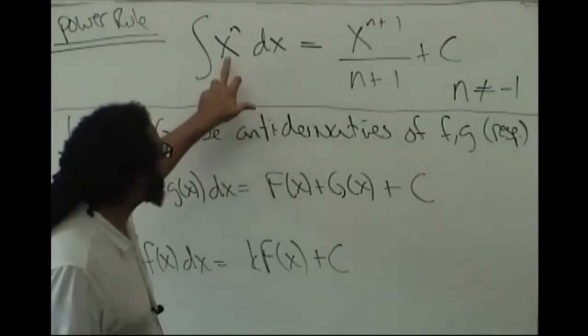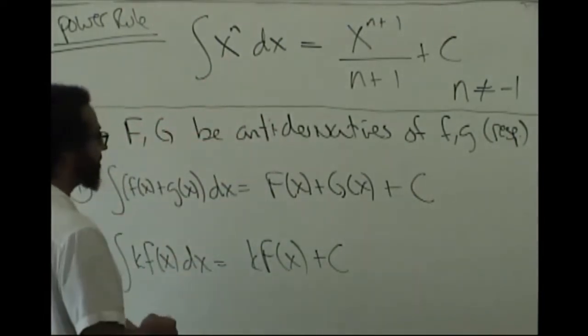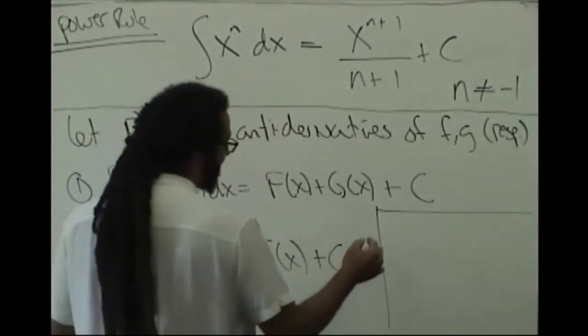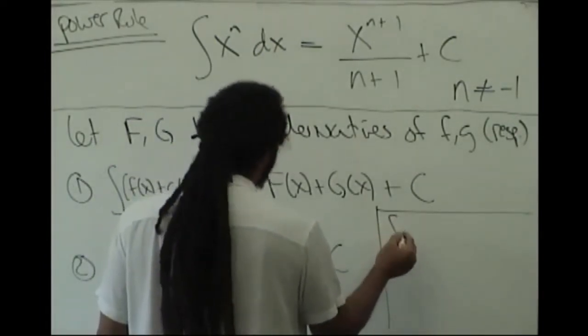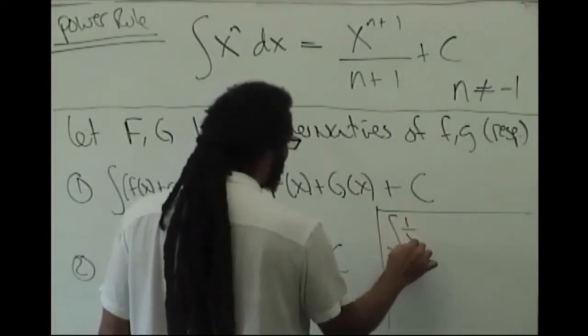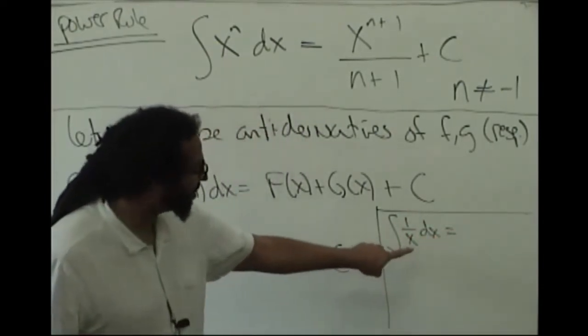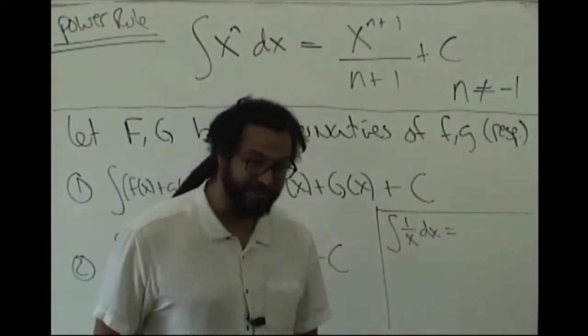By the way, what happens if n is equal to negative 1? Off to the side here, for example, what's the antiderivative of 1 over x? Can you think of a function whose derivative is 1 over x?